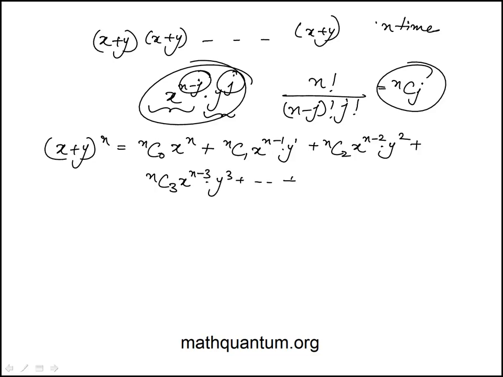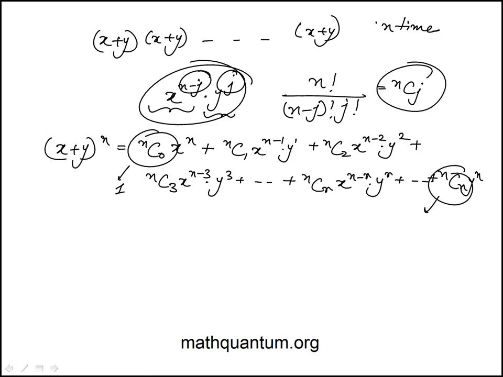And then in the most general case, nCr, x to the n minus r, y to the r, and then the last term would be nCn y to the n. You'll notice that both of these are 1, but we want to retain this general coefficient, so I'm going to leave that in that form. That's typically how it's left. So this is the binomial expansion that comes in handy in a lot of problems.